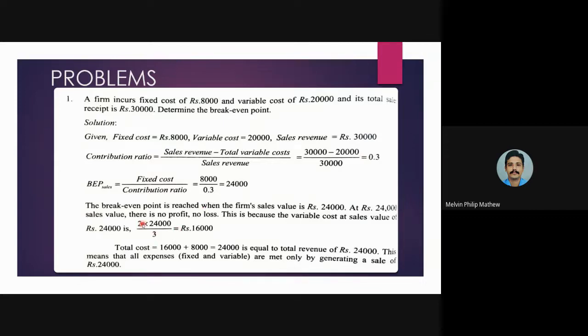That is what is happening here. It is 20,000 by 30,000 into 24,000. Please write down 2 by 3 into 24,000, which is equal to rupees 16,000.